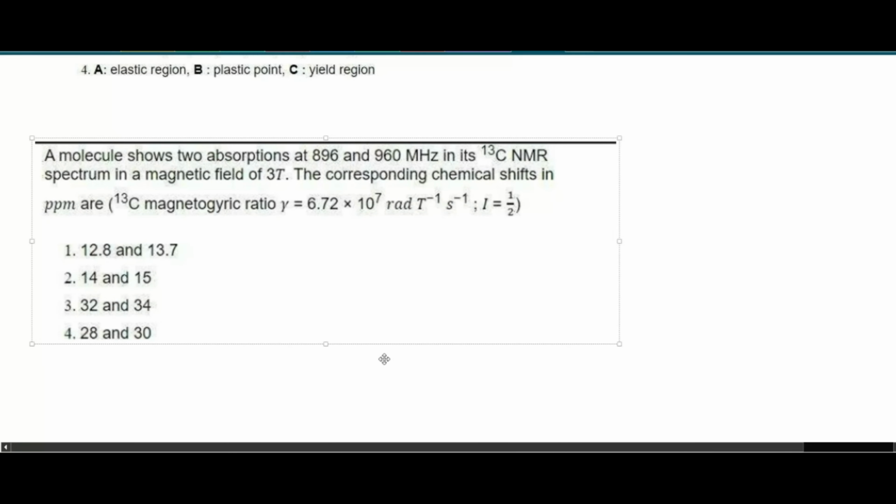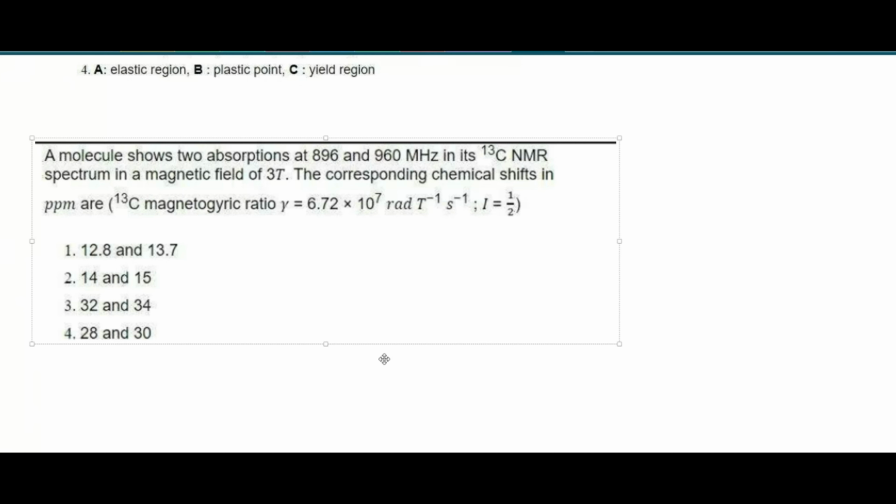The question says the molecule shows 2 absorptions at 896 and 396 megahertz. Okay.